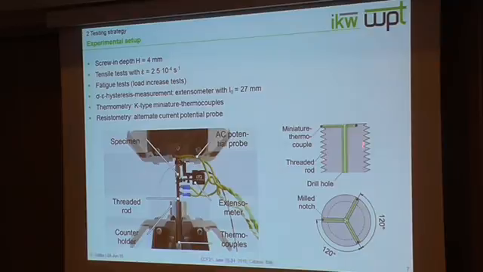As you see here, they are connected by drill holes and little notches to the top of the threaded rod. As you can imagine, the threaded rod is here 4 mm underneath the specimen surface to get access to the special areas of the specimen, so to be in a part of the specimens.